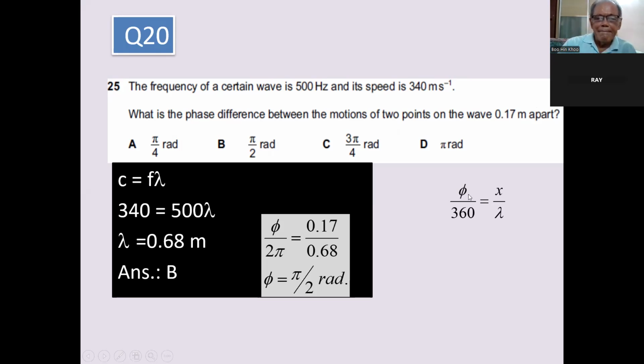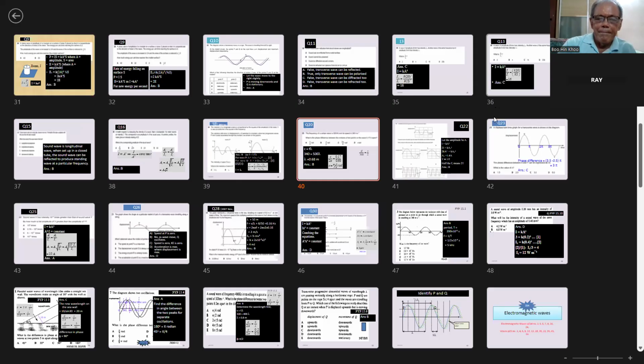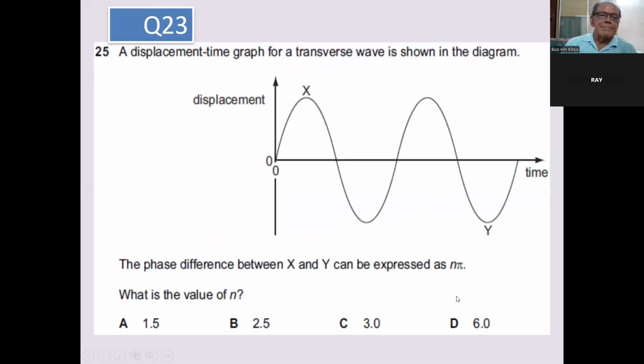Phase difference between x and y can be expressed as n pi.